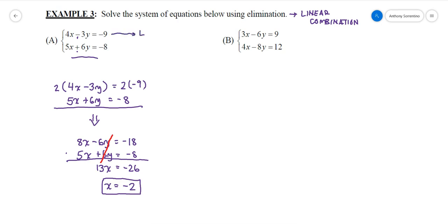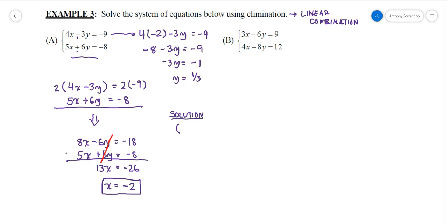And I'm going to say, okay, I'm going to have 4 times negative 2 minus 3y equals negative 9, which means I have negative 8 minus 3y equaling negative 9. Adding 8 to both sides, I have negative 3y equals negative 1. And dividing both sides by a negative 3, I would get 1/3. So my solution is negative 2, comma 1/3.